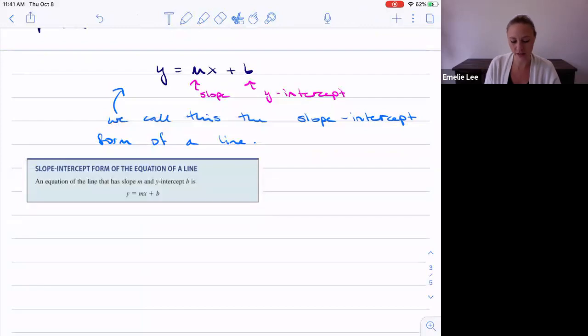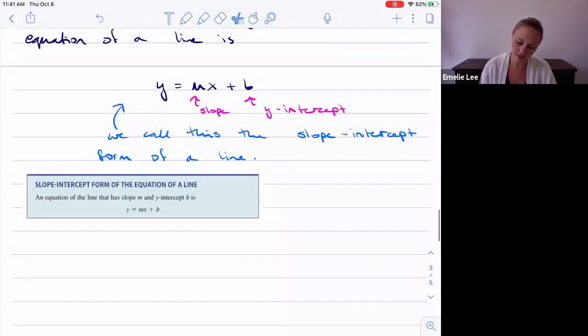So when you have y equals mx plus b, you can easily see that the slope is there and the intercept is b, whatever the constant is. What we'll get to is we'll draw these lines, but for now, we'll just talk about the lines.